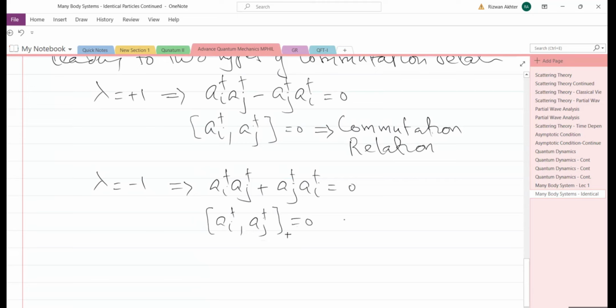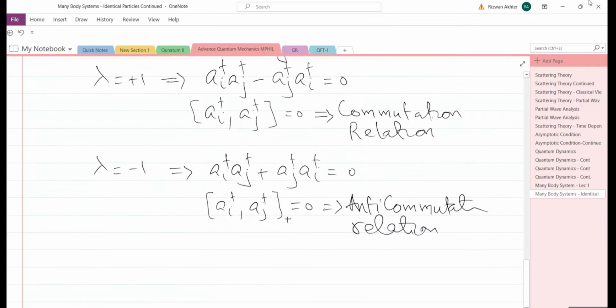Equals to 0, and this is anti-commutation relation. And similarly for their adjoint as well.